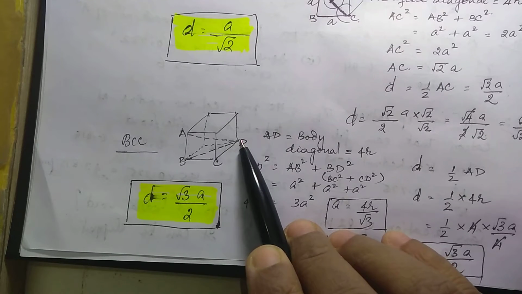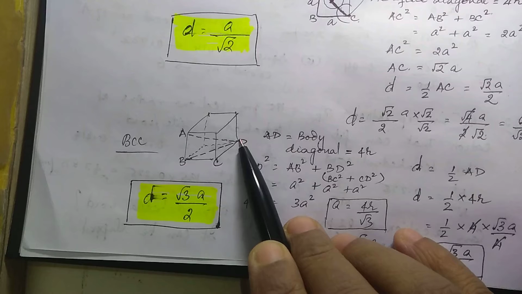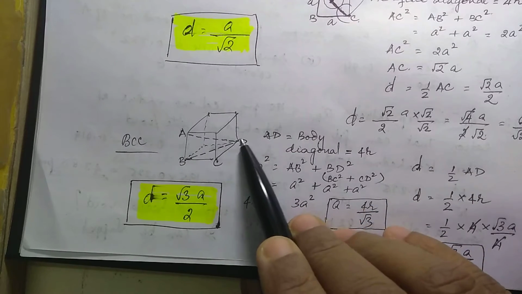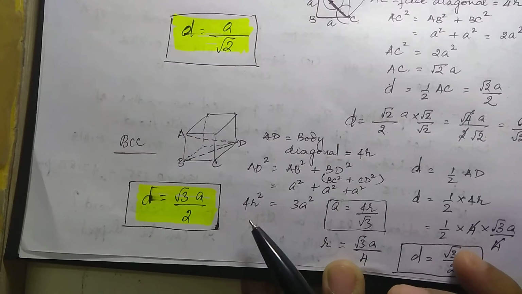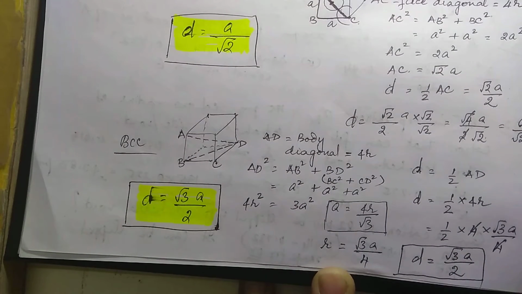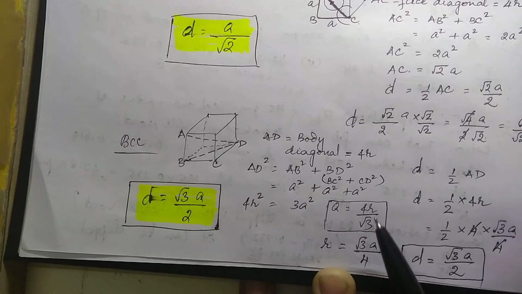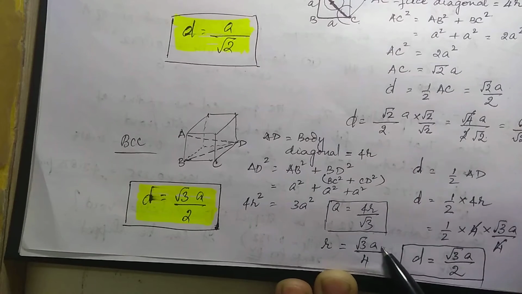BD is face diagonal. AD is body diagonal, BD is face diagonal. So triangle ABD, if you consider that's a right triangle, based on that you have calculated that A is equal to 4R by √3, which we have already done. We have done this relation between A and R. Now from this what you can say, R is equal to √3A by 4.